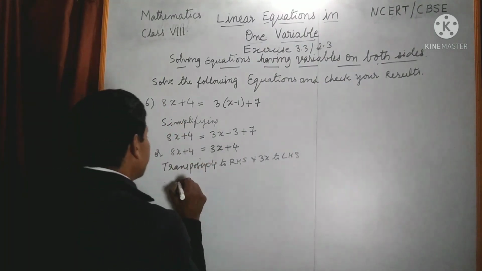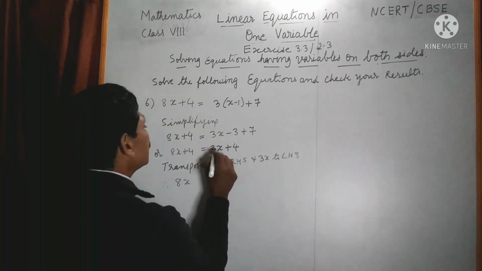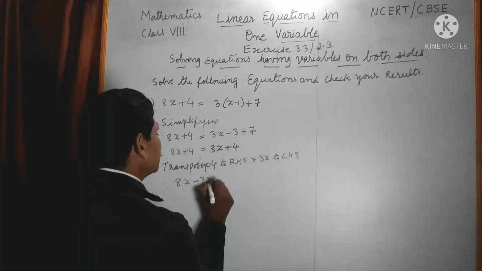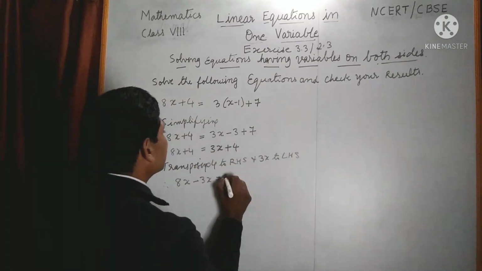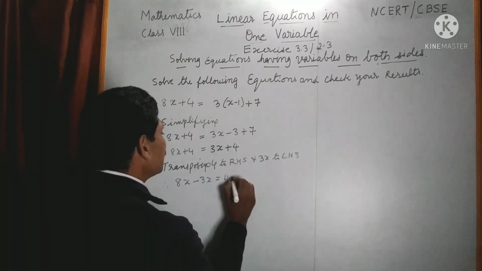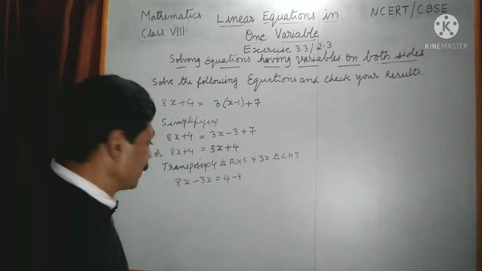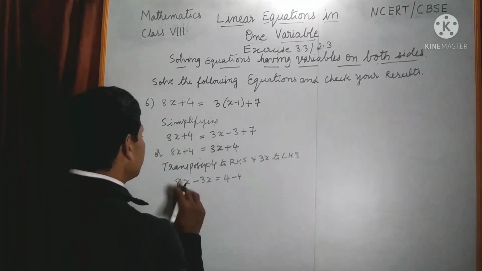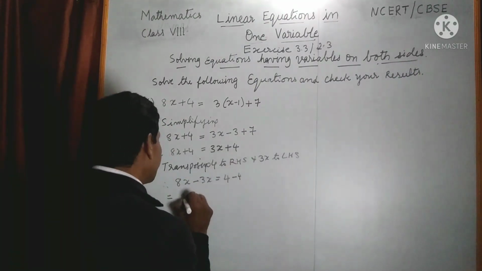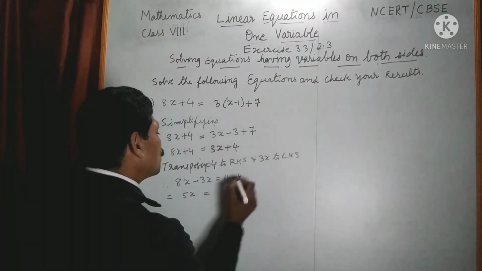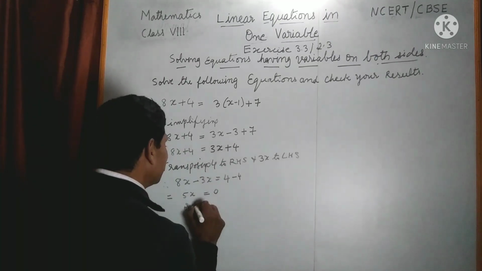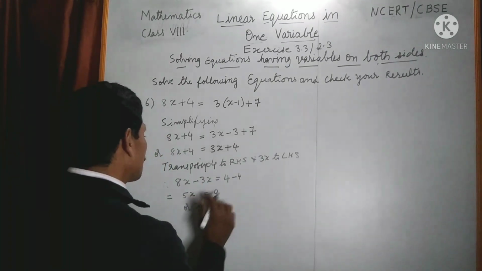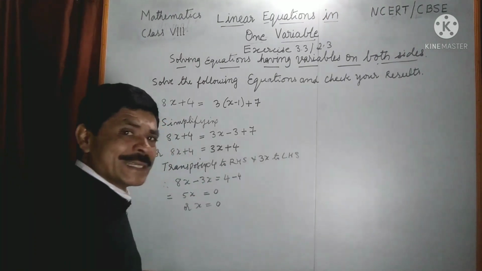Therefore, 8x minus 3x is equal to 4 minus 4. This is equal to 8x minus 3x is 5x is equal to 0, or x is equal to 0 by 5 is 0.